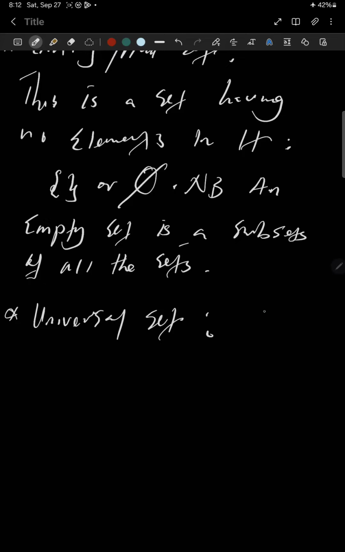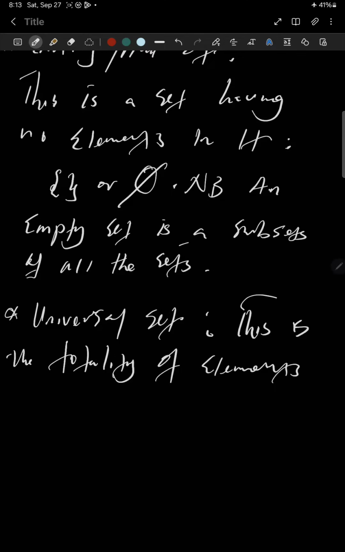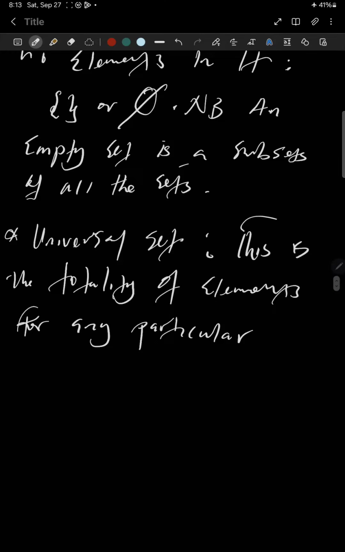This is the totality of elements for any particular discussion or situation.